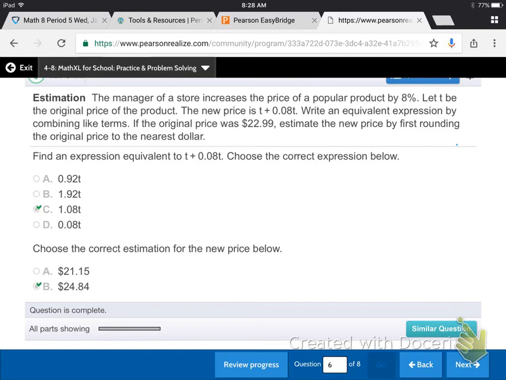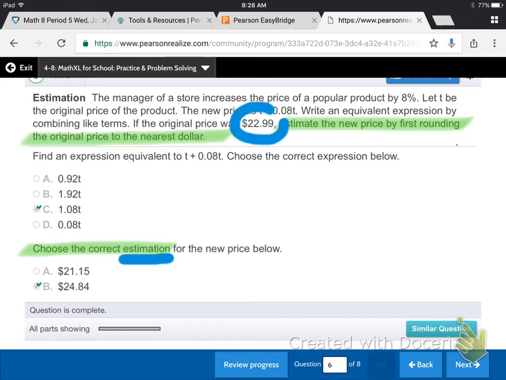Now the next part is just slightly tricky, not bad though. It says choose the correct estimation. That's important that you understand that it's an estimation for the new price below. Well, we can't see all the answer choices on this screenshot for some reason. But to estimate it, look at what it says in the directions, by the way. It says estimate the new price by first rounding the original price to the nearest dollar. So this price right here, $22.99, if we round that to the nearest dollar, how much is that?